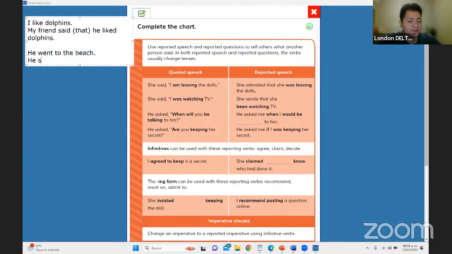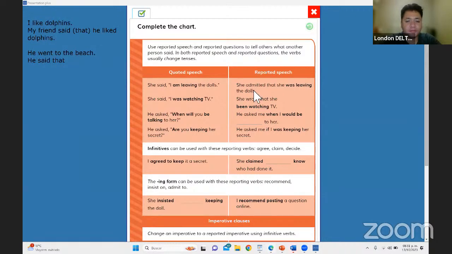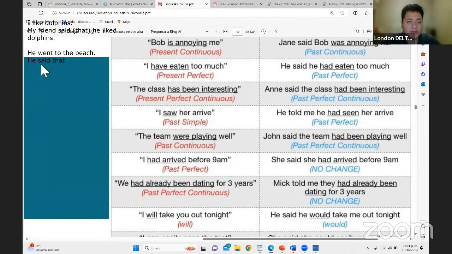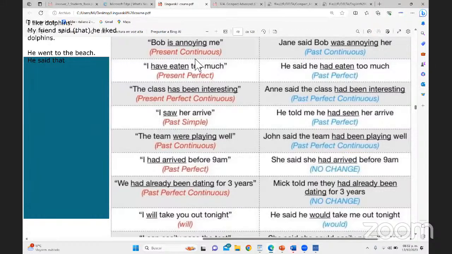So I would say, he said that, and if you have a simple past, you can check the chart. Careful, it's not want, it's went.